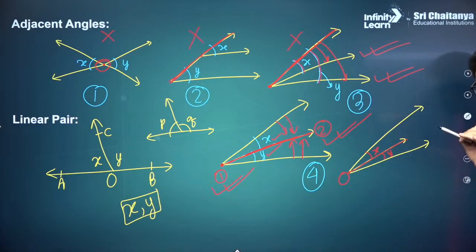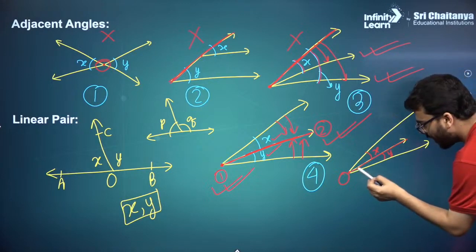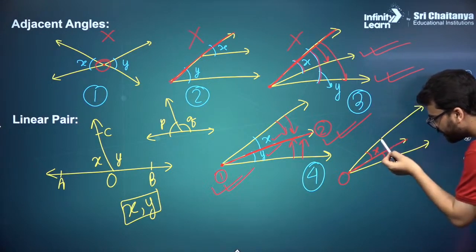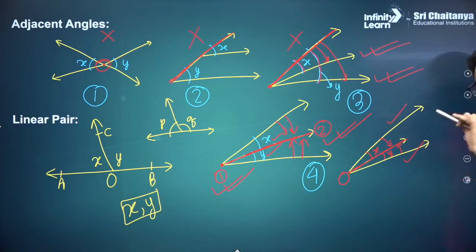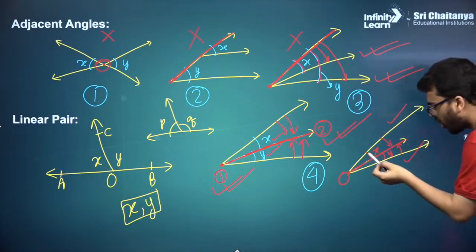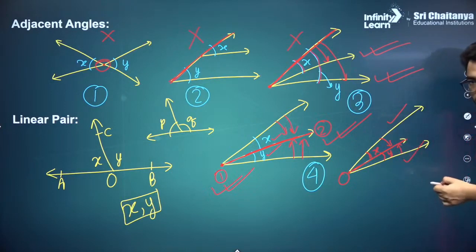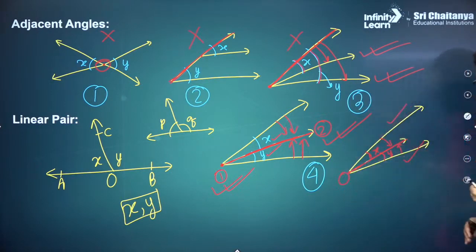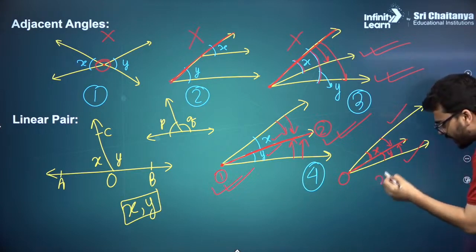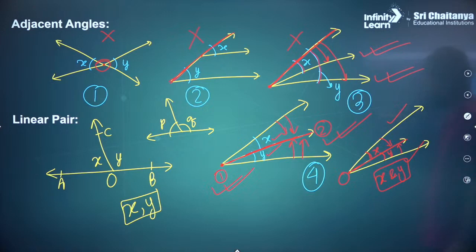Got it? There is a common arm. Second thing, one more thing. The common arm over here is in between the non-common arms. This and this, they are non-common arms of angles x and y. So the common arm is in between the non-common arms. So then only you can say that x and y are adjacent angles. Is it clear now, Bimla? I hope it is clear.